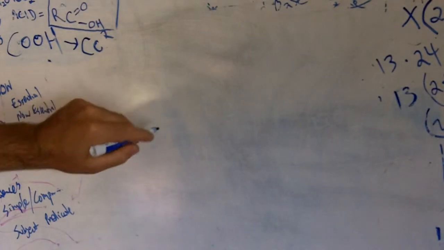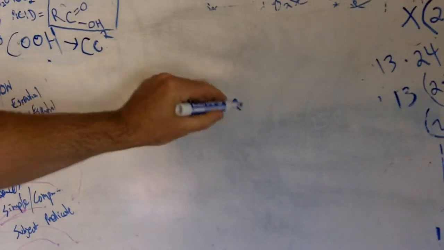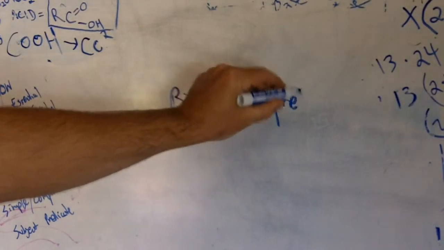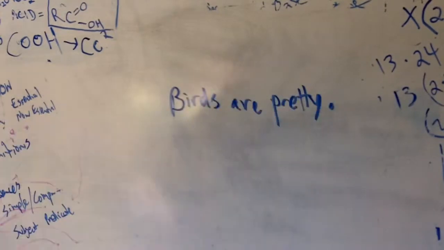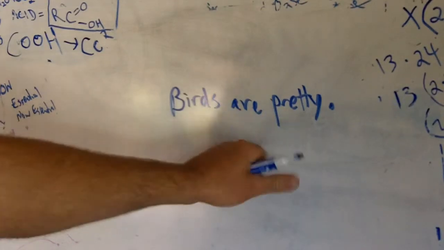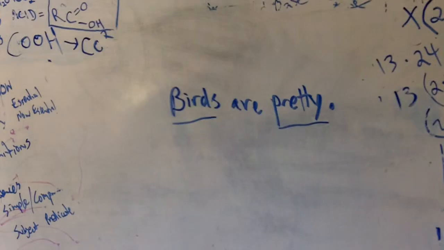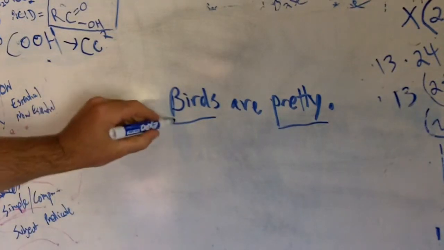What the contradictory premise means is that if I say birds are pretty, and that's meant to be true or false, then we know what the predicate is, we know what the subject is. Put the birds.